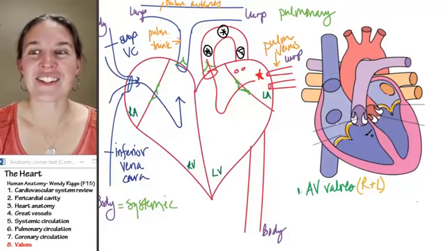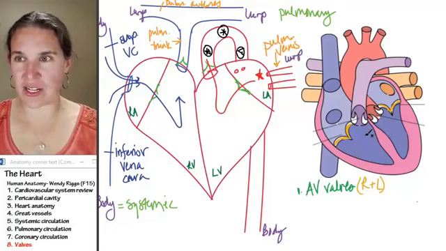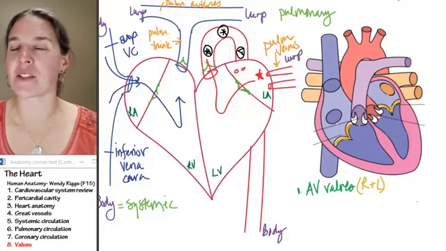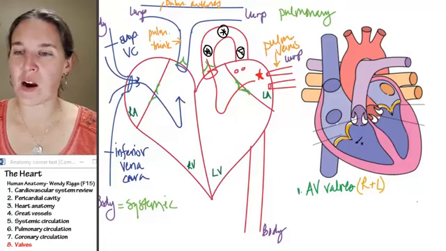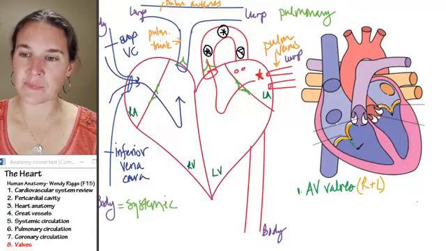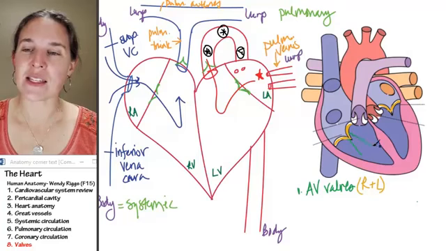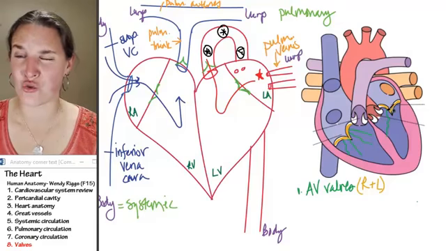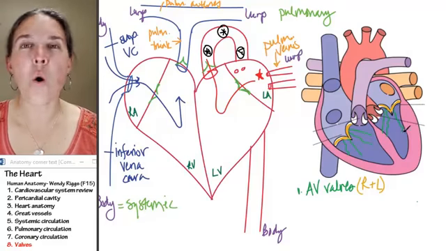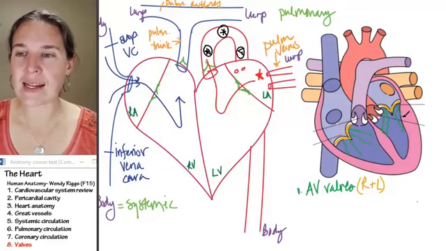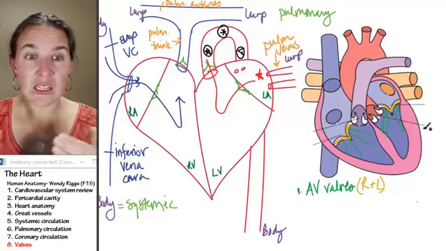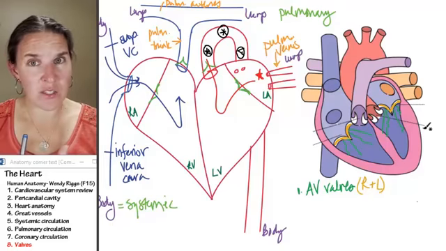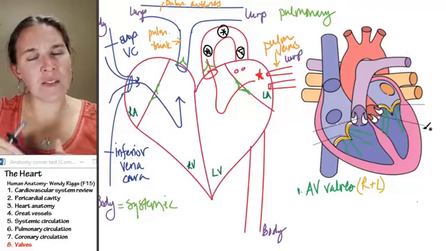Okay, here's the other interesting thing about my AV valves. I'm going to draw them in here because they aren't actually drawn in. You have these amazing connective tissue, like crazy strong cords that connect your floppy little valves to the walls of the ventricles.